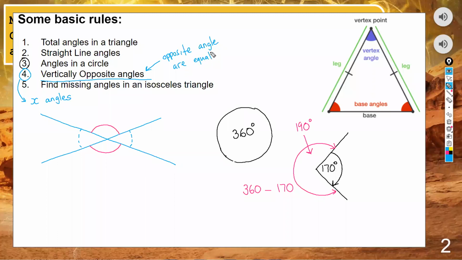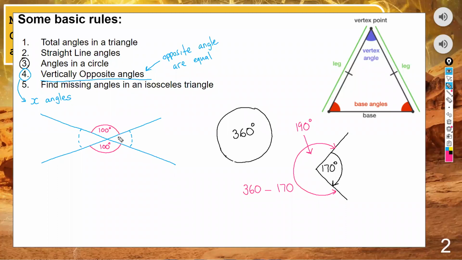I love this scenario because it's one of the easiest things you will ever come across in maths. What I'm basically trying to say is, if this angle is 100 degrees, without any calculation necessary, the angle opposite to it on the X is also 100 degrees.